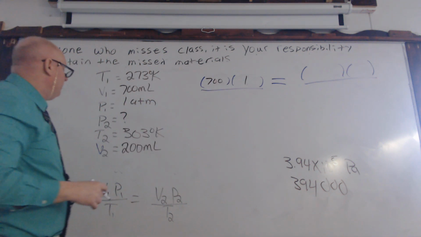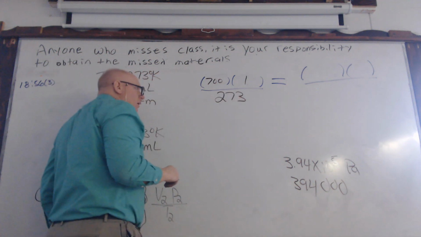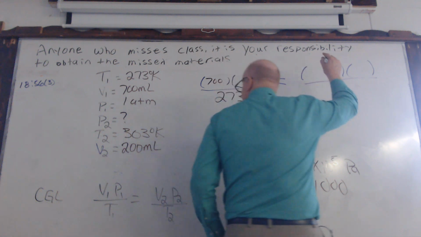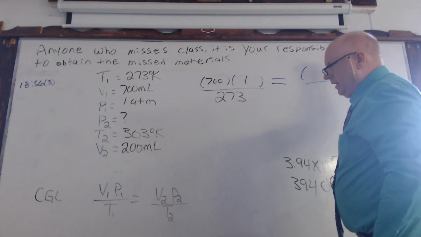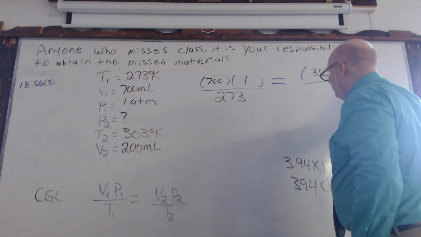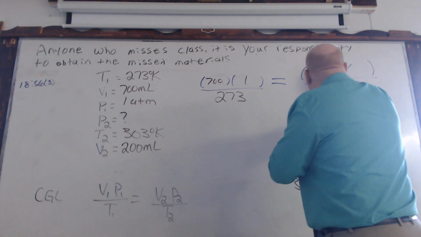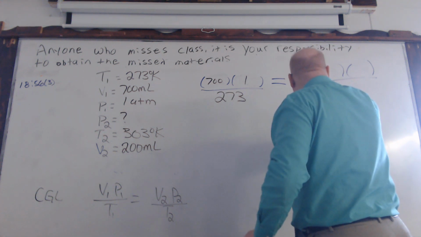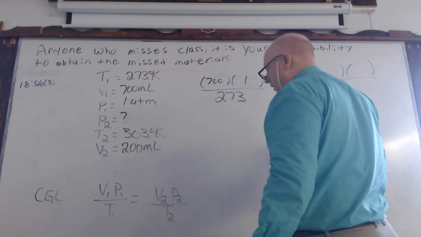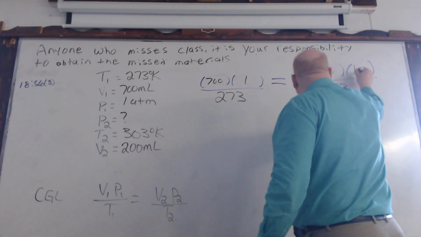Your first temperature was 273. Then over on this side, we've got 303. Oops, that's on the bottom. That is not right. It goes down here. 200, and then pressure 2.